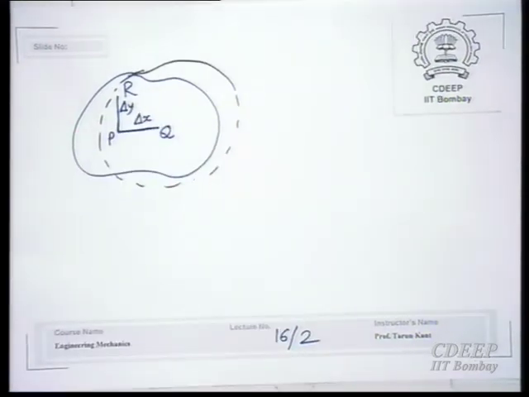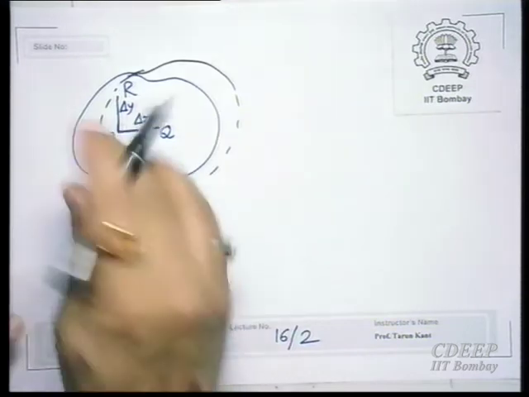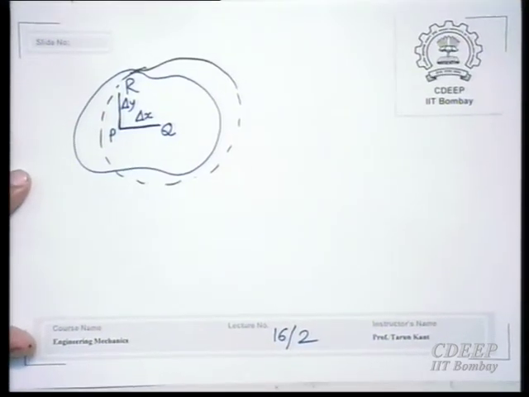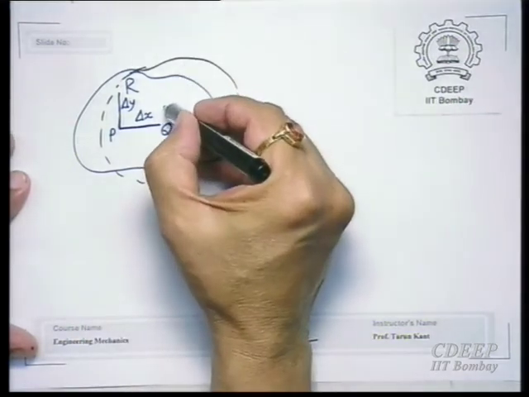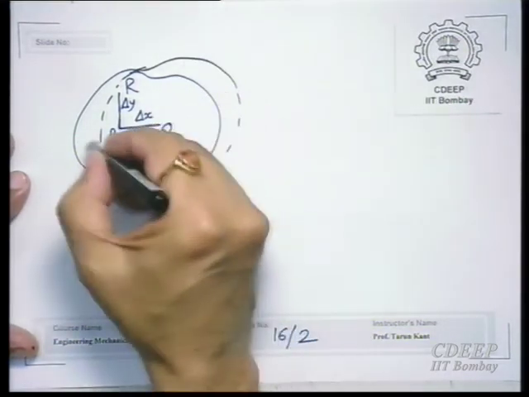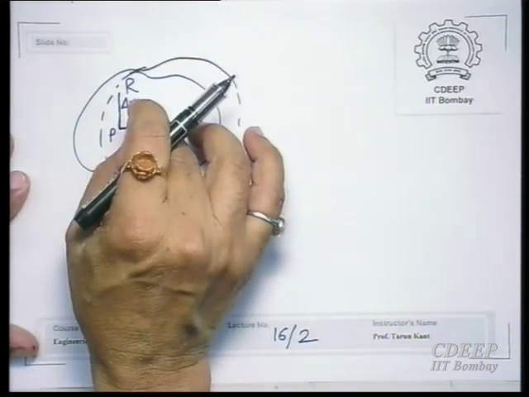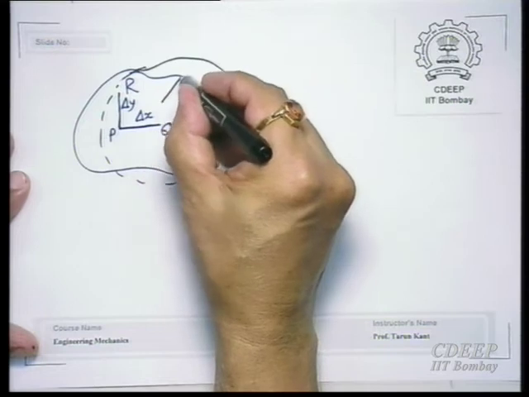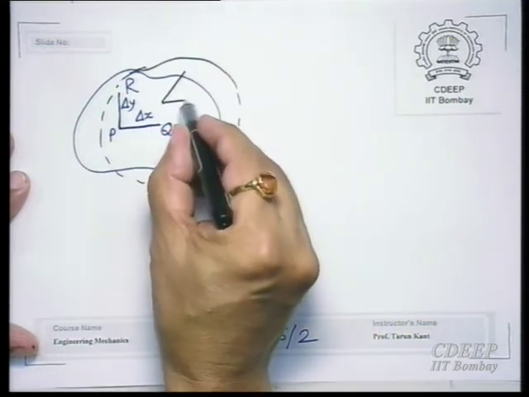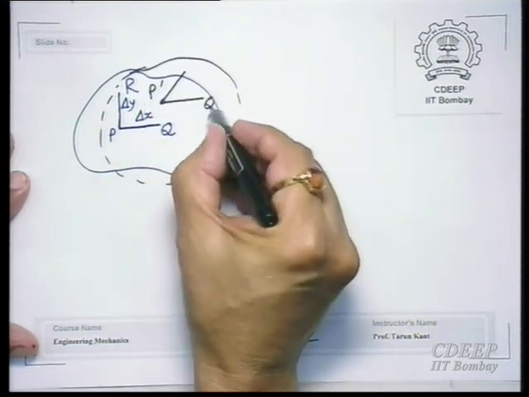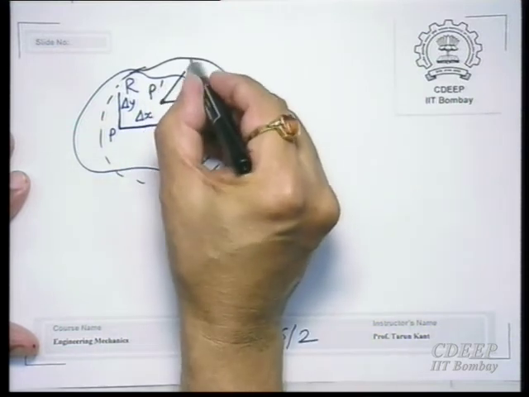Now obviously, kindly pay attention. After the loads are applied, after the body has deformed, in the black line, this will take a shape like this. Not only will this move, there will also be a shift. It will not remain at the same point. Plus, there will be a change in angle. So this will become P dash, this will become Q dash, and this will become R dash.